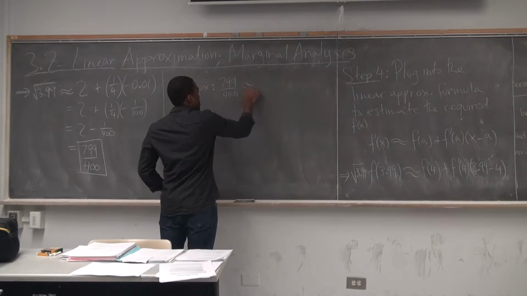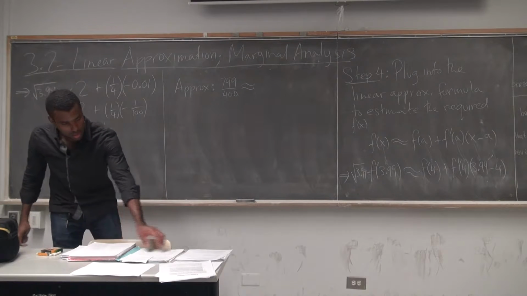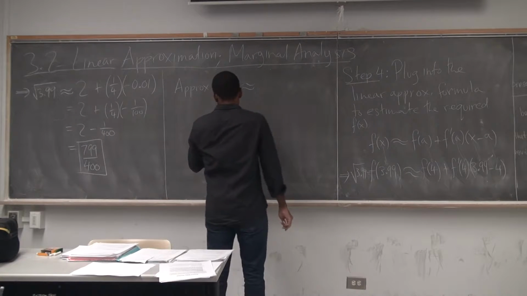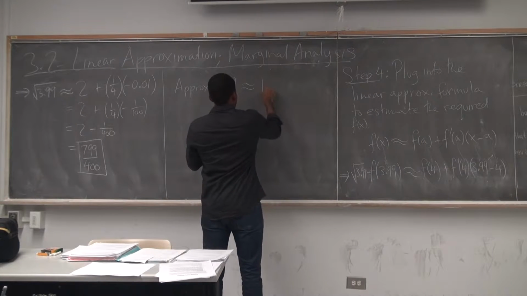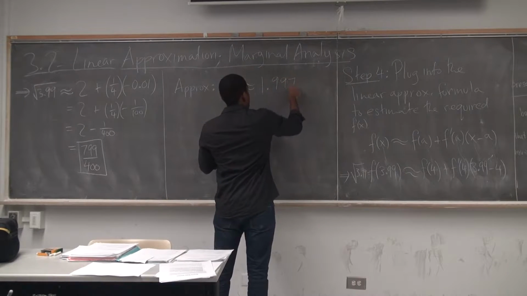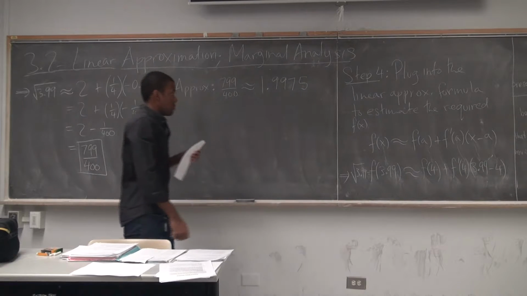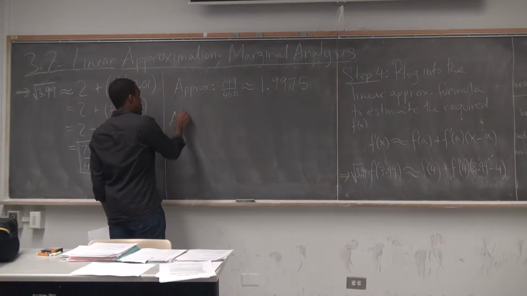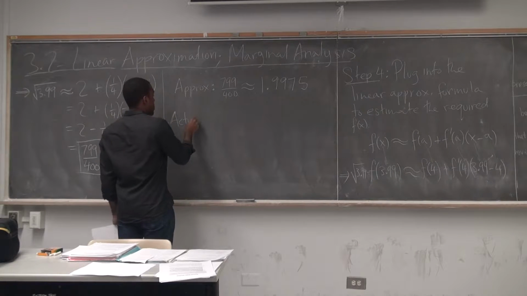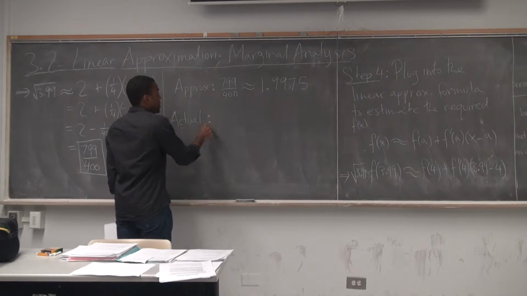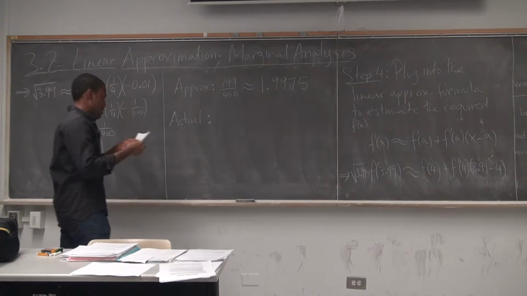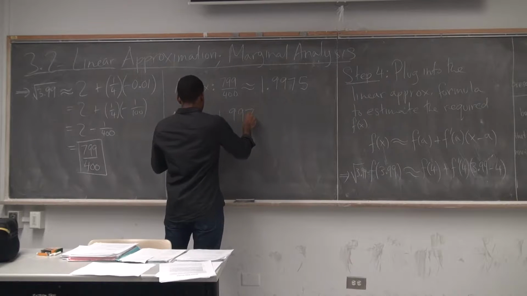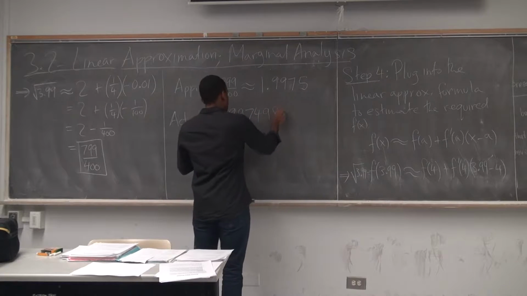Now it turns out that that is 1.9975. So if you divide that, you get 1.9975. The actual answer, if you plug in the square root of 3.99 in your calculators, is 1.9974984.